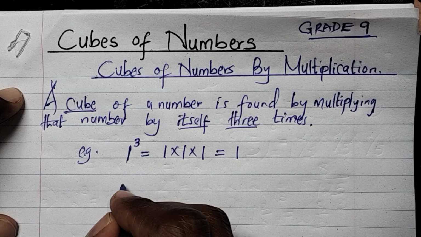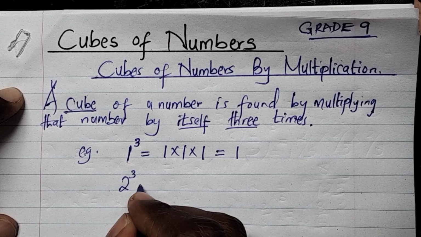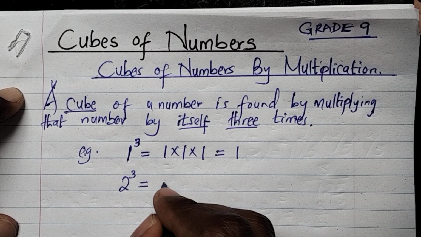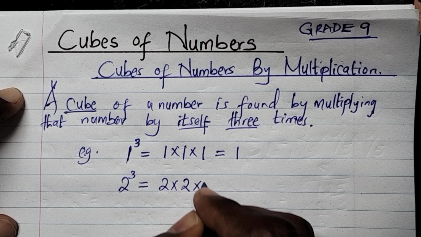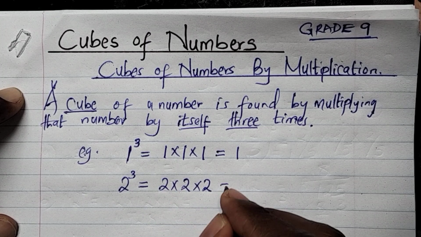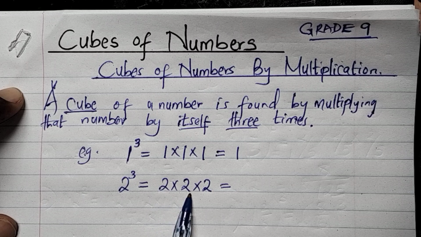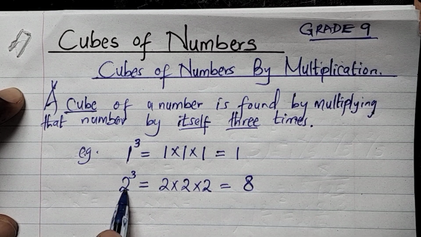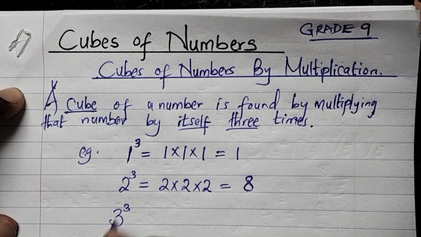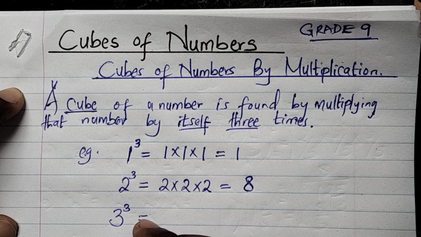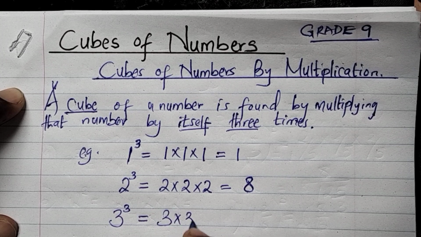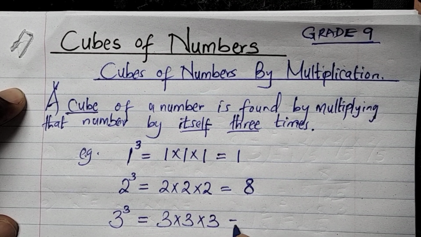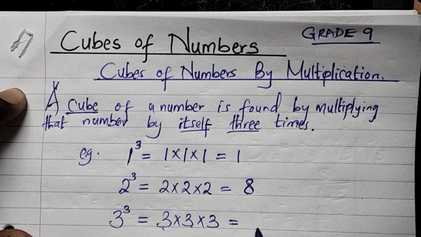The cube of 2 is 2 times 2 times 2; 2 times 2 is 4, 4 times 2 is 8. So the cube of 2 is 8. And 3 power 3, or the cube of 3, is 3 times 3 times 3; 3 times 3 is 9, 9 times 3 is 27.